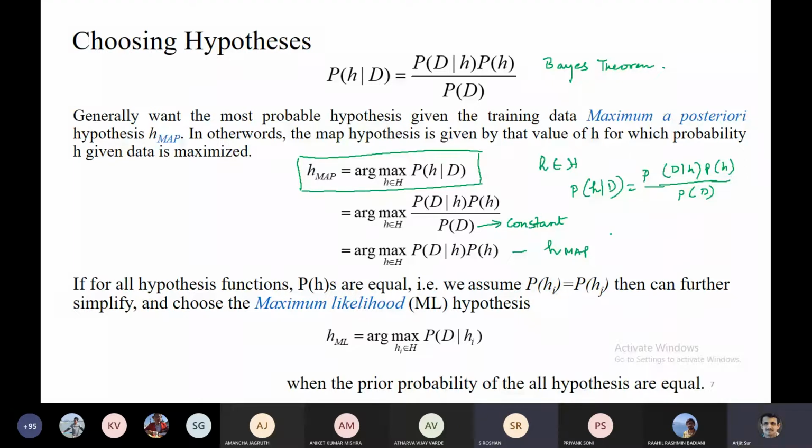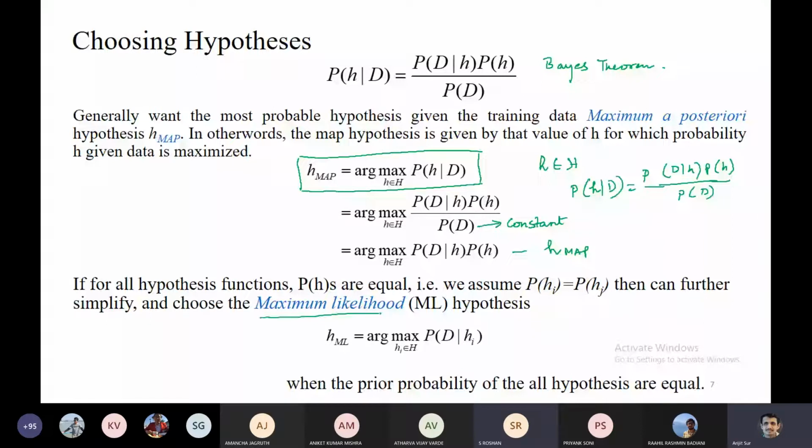Now another case we can see here: if all the hypothesis functions within this class are equally likely, so they have equal probability, so the probabilities of H are equal, that is for any two functions Hi and Hj, with i not equal to j, then we can further simplify this H MAP and we call it maximum likelihood.